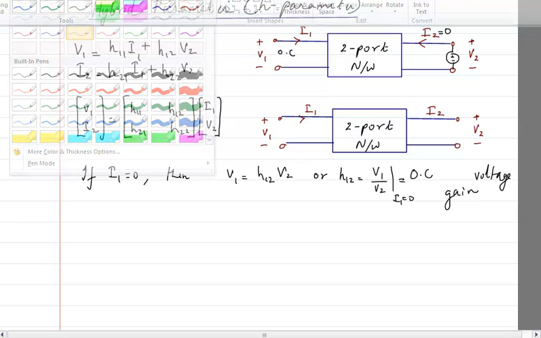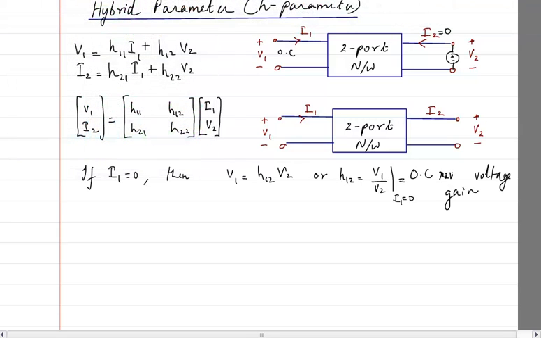Why we are calling it reverse is because, as you can see, we are having voltage applied at the second port and getting the output V1 at the first port. So it is going from this direction to this direction. That's why it is reverse voltage gain. Whatever voltage you are giving here, how much voltage is coming here, that is V1 when you apply V2. So V1 by V2 when I1 is 0 is H12, which is the reverse voltage gain.